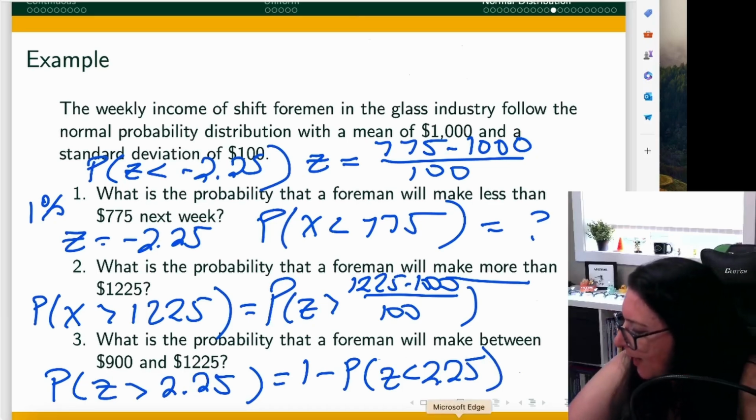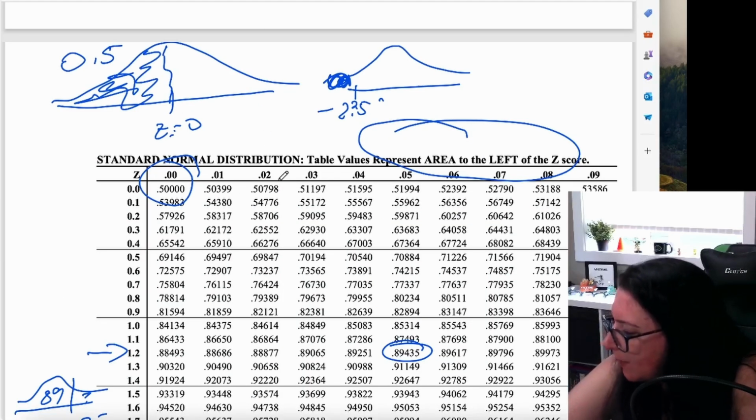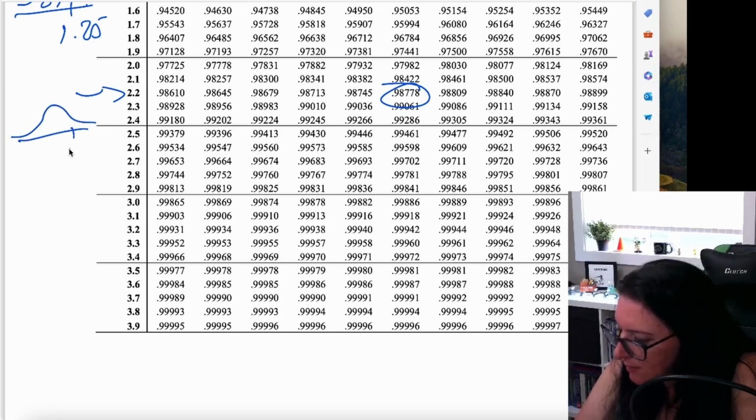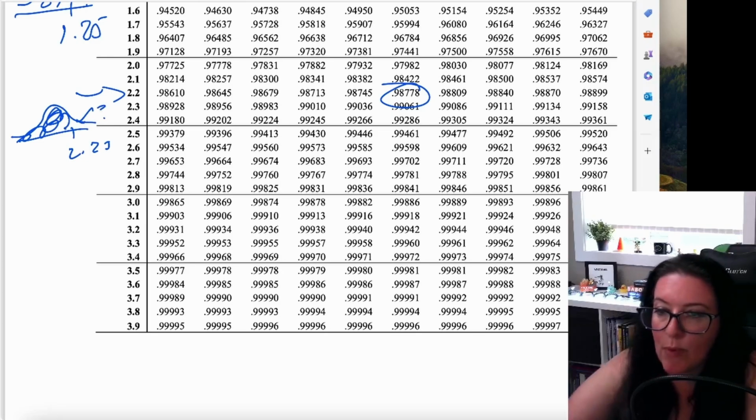So if we go back into our standard normal table, here we have 2.25, 0.98778. That's the probability of everything less than all this. We want to know the probability that it's greater than, so we want the rest of it.